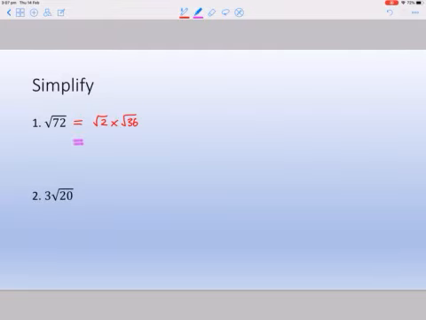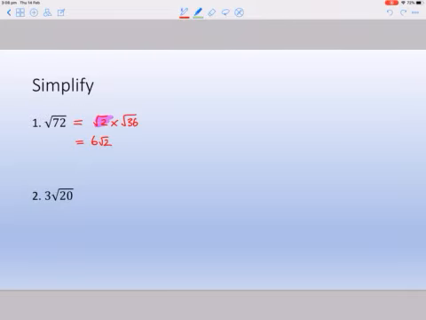So I can simplify this to 6 root 2. The root 2 comes straight from there, and the 6 comes from here. And it's just better that we put the number in front of the surd. That's the convention that we use anyway.